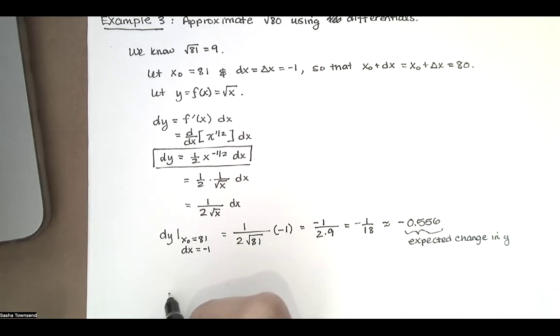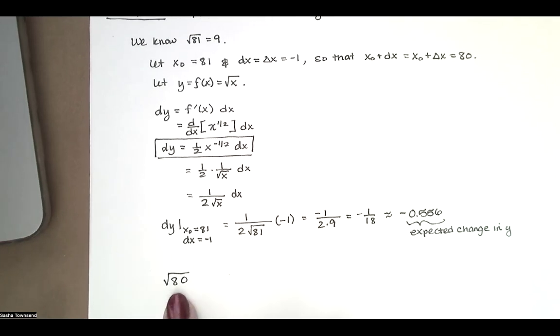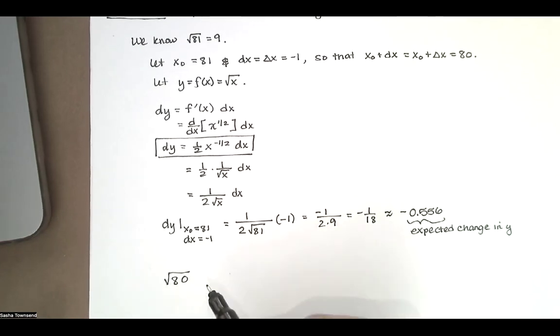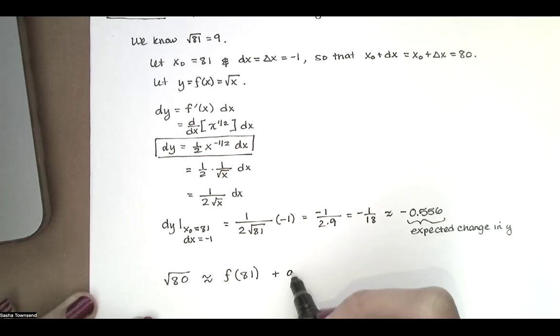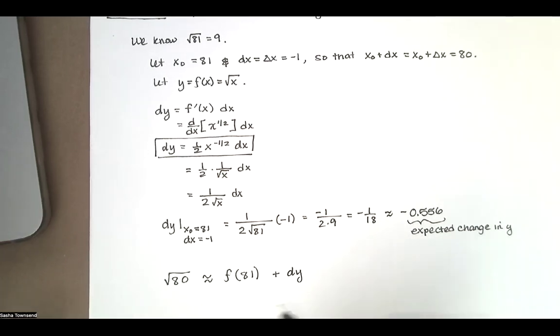So what is the square root of 80? Well, that is the new y value. This is the function value that we're trying to approximate. It should be approximately equal to the original y value, the y value at x naught at 81, plus the change in y. So we could call this y naught if we wanted to.